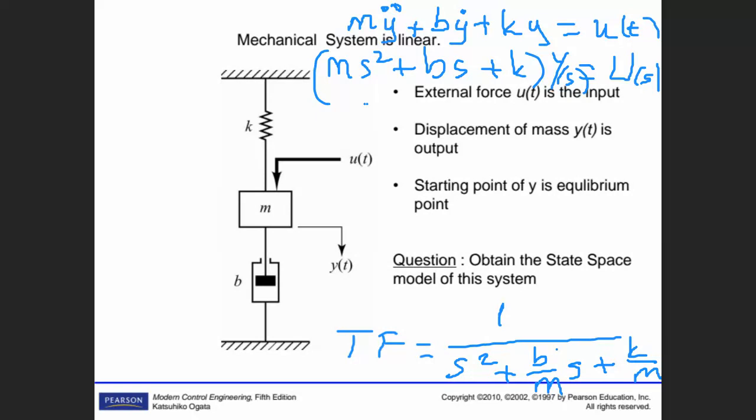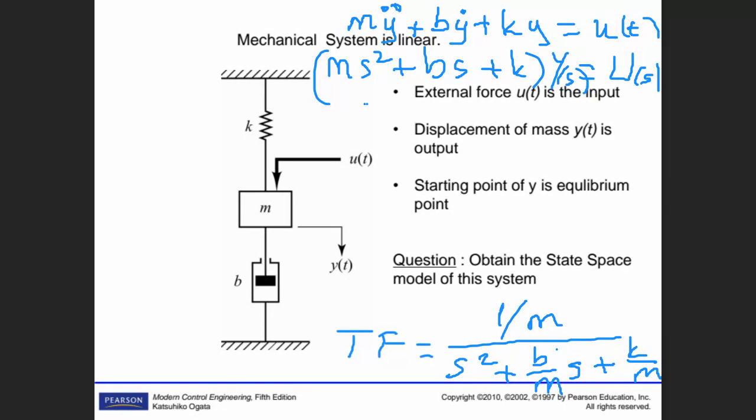Who is going to find the error? I divided by M, so that one should also be 1 over M here. Sorry.